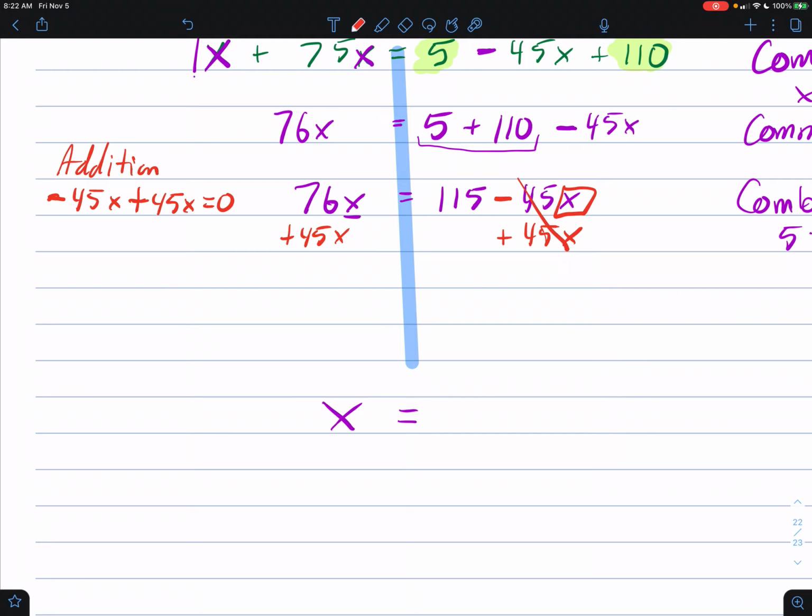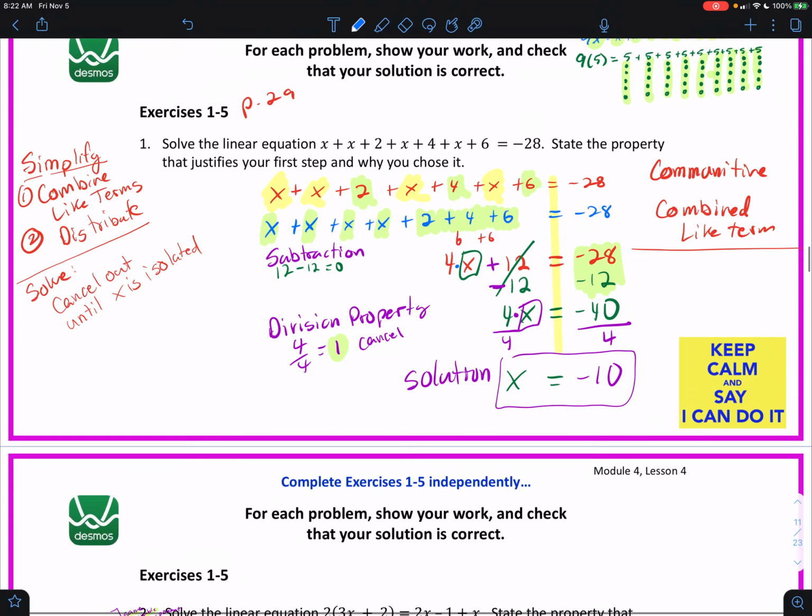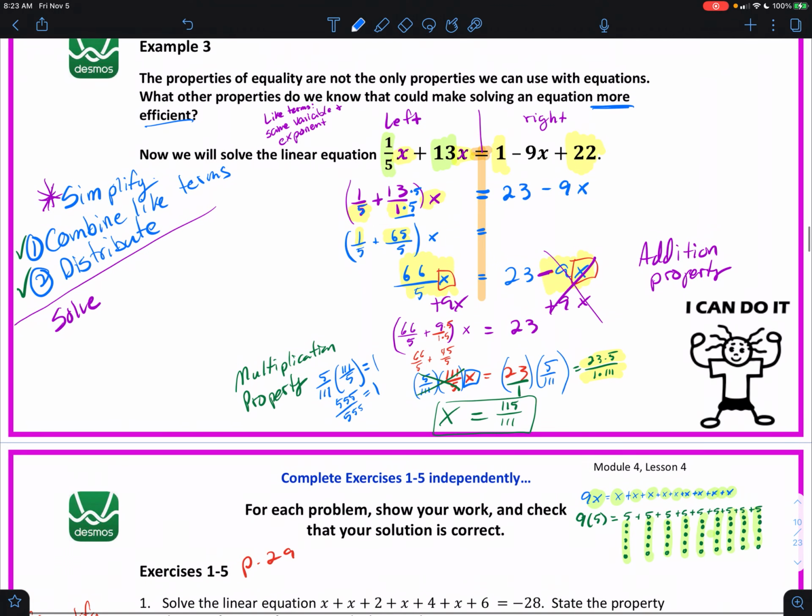Let me double check something because I did this problem earlier. We did these in class. So I did it a different way in class. Let's see, 115 over 111.